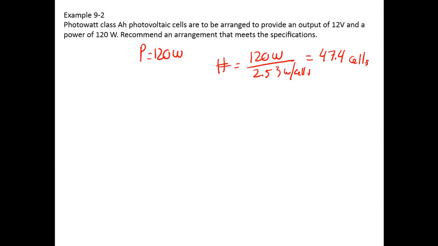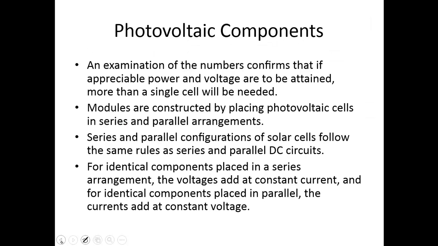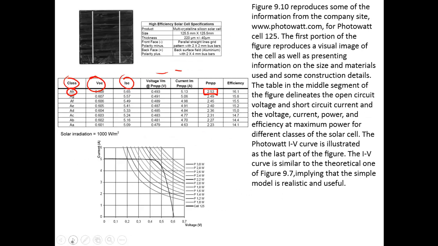Now to get the voltage that I need, I arrange a certain number of cells in series. So I need to go back and look at the voltage that I get per cell. It so happens that the operational voltage that I get in order to produce 2.53 watts is 0.49 volts per cell.